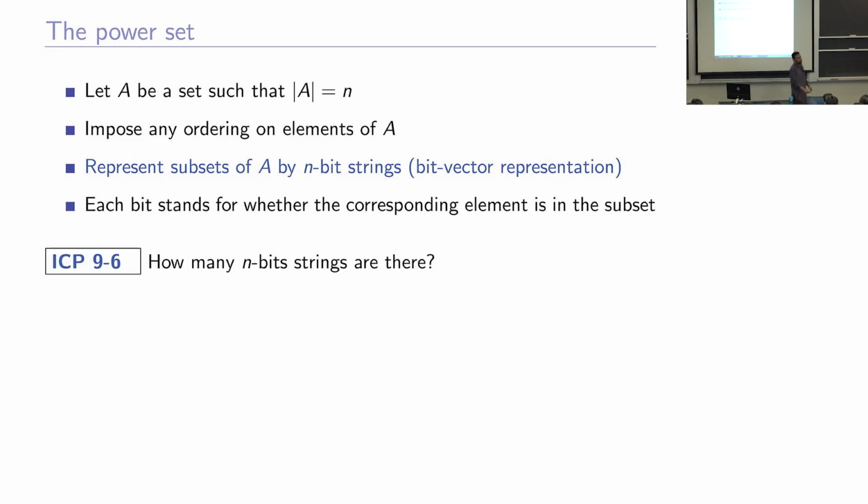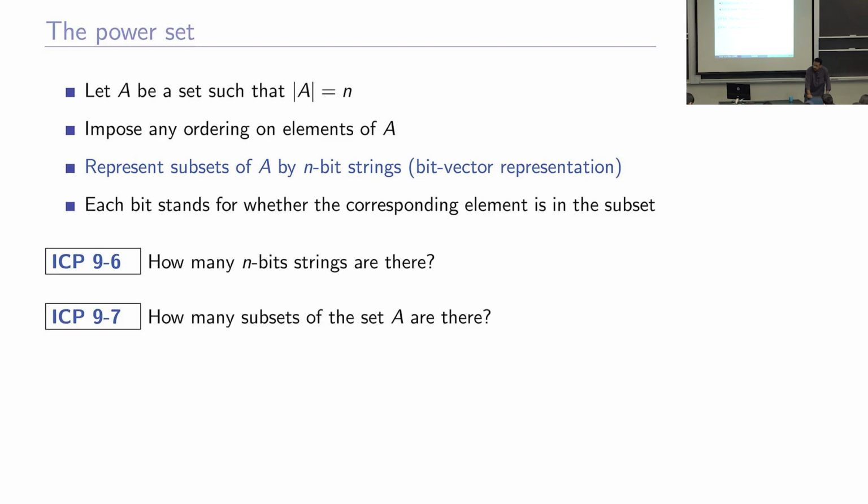How many n-bit strings are there? 2 raised to the power n. How many subsets of A are there? What's the cardinality of the power set of A? 2 raised to the power n. So I have two sets whose cardinalities are equal. Let's see if I can demonstrate the theorem.